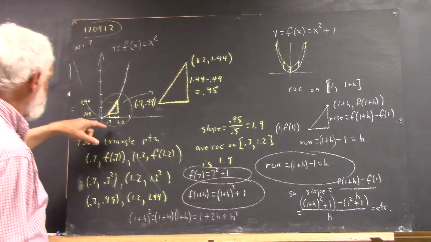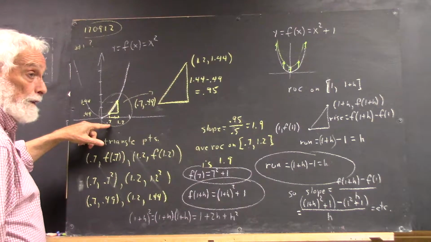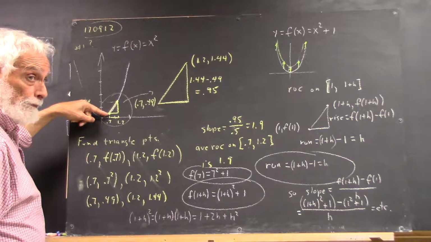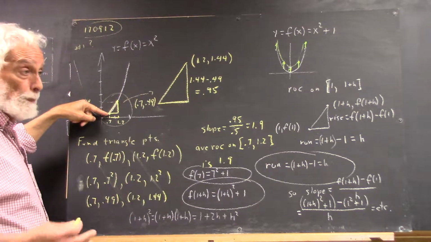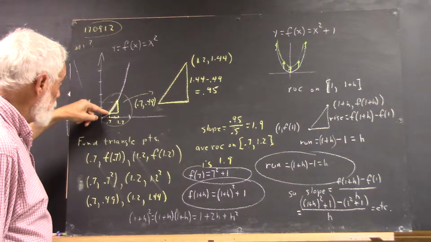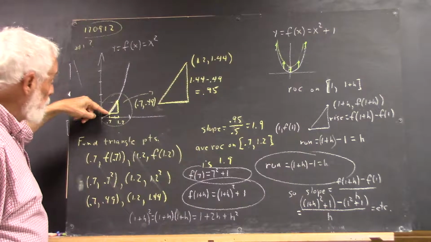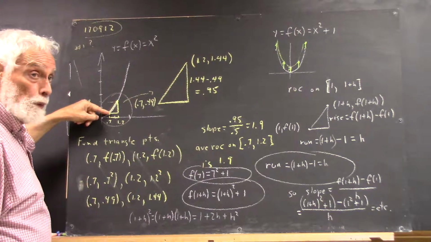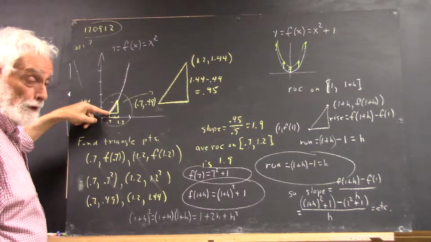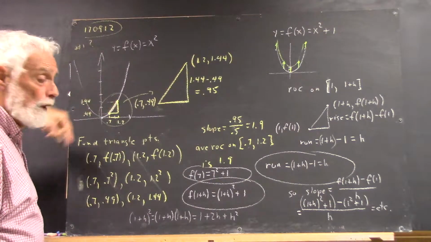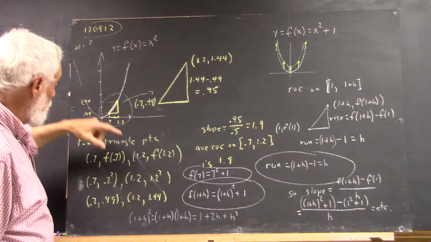So, when x is 0.7, the y value is whatever it is at this point. Now, we started by not worrying about what the numbers were. We know that the y coordinate is going to be f of 0.7, and of course we can evaluate that. But we're not doing that yet. We want to draw the triangle, and then we figure things out.